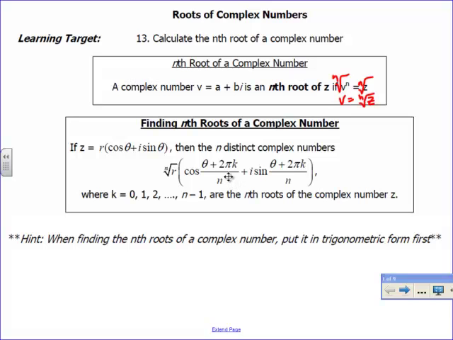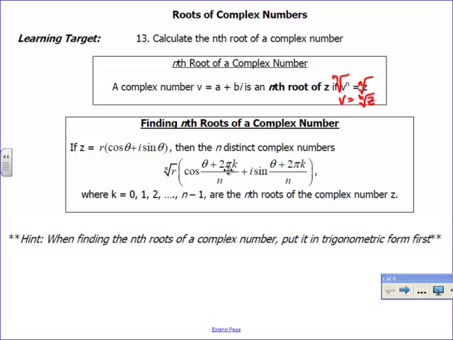The one difference here is that you're going to come up with various angles for your answers. So instead of having the same theta over n every time, you're going to have theta plus a multiple of 2 pi, divided by n. What it's saying is you're finding the coterminal angles. You're given theta, and then 2 pi later, and then 2 pi after that, and 2 pi after that.